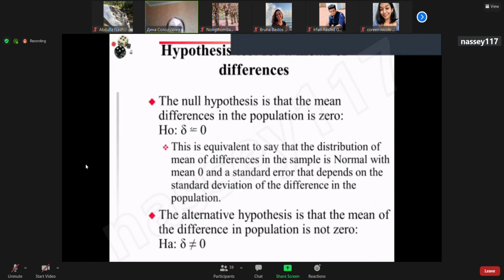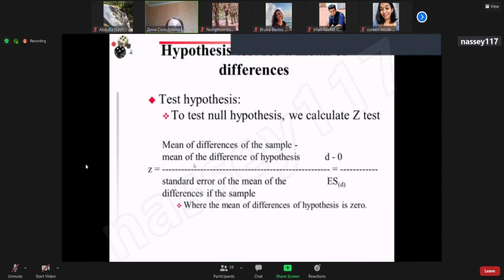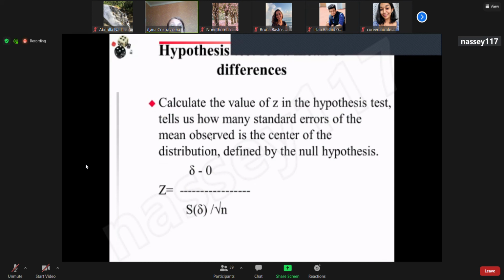We formulate a null hypothesis, which assumes that the distribution of the mean of differences in the sample is normal, and a standard error that depends on the standard deviation of the difference in the population. So we will test a hypothesis by calculating a z-test, and we will calculate the value of z in order to decide either to reject or accept the null hypothesis.